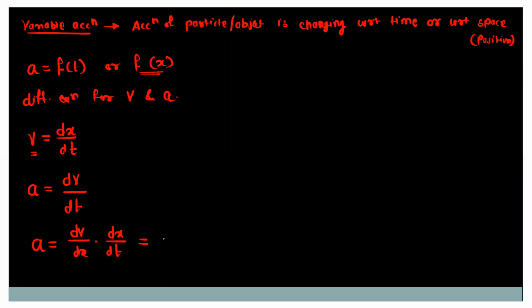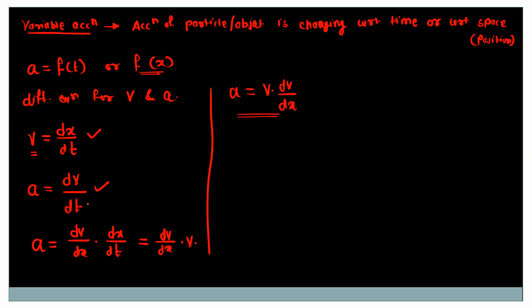So we can write this as dv by dx into velocity. So finally, we get the acceleration, which is v into dv upon dx. Okay. So these are the differential equations. First is the velocity, dx by dt. Then acceleration is dv by dt. Okay. And again, we can write the acceleration as v into dv by dx.